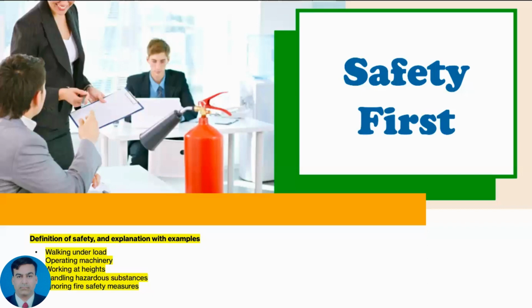Ignoring fire safety measures, such as not maintaining fire extinguishers or obstructing fire exits, can jeopardize the safety of individuals in the workplace in the event of a fire. So, gentlemen, these are the examples which highlight the importance of identifying and mitigating potential risks to ensure a safe working environment for everyone involved.